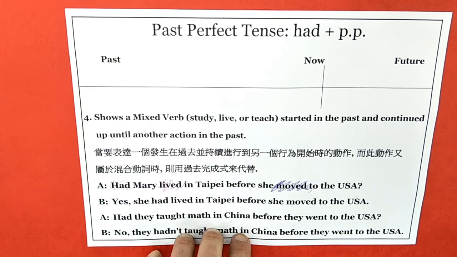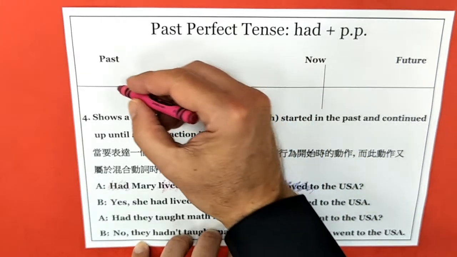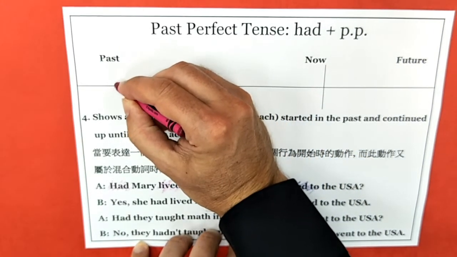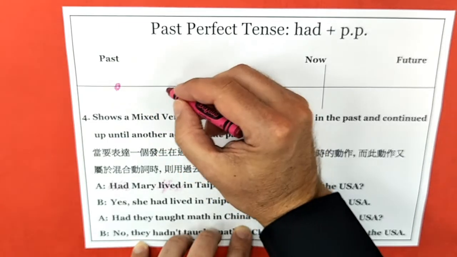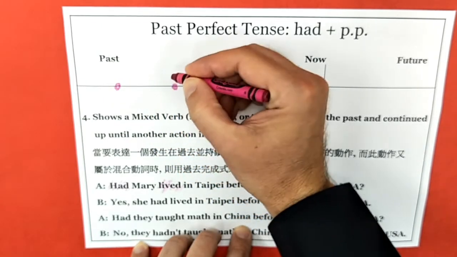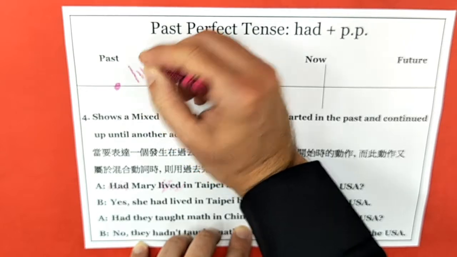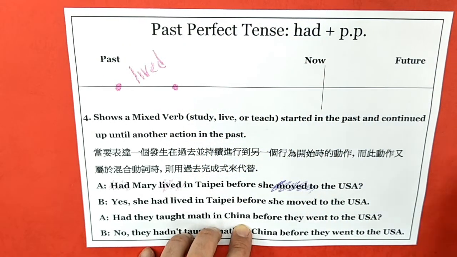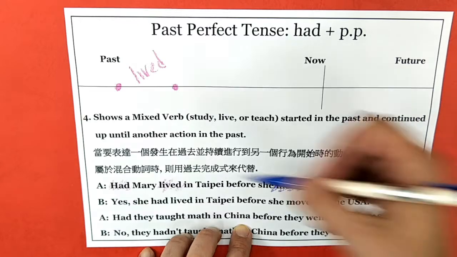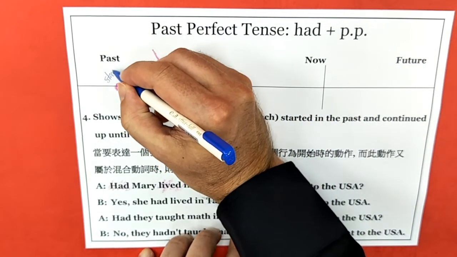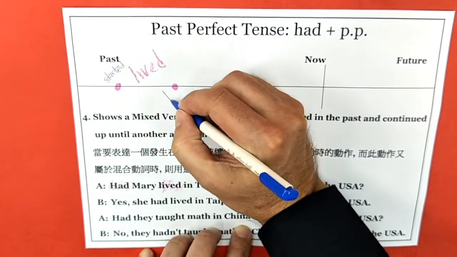All right, so again, here we have Mary. Here she started living in Taipei, and here she left Taipei. So here she lived in Taipei, right? Remember, she started living here. Here she left.